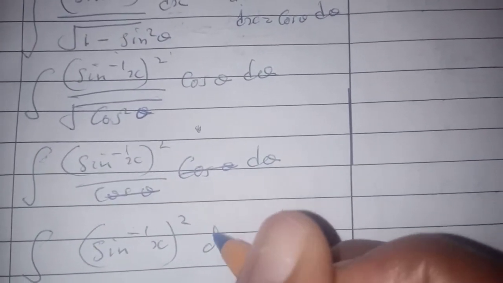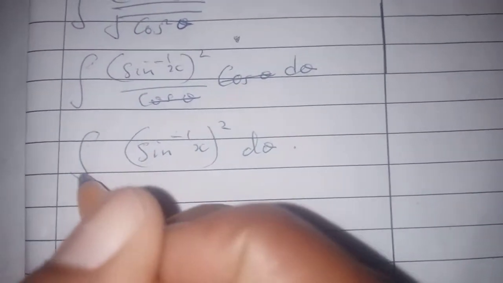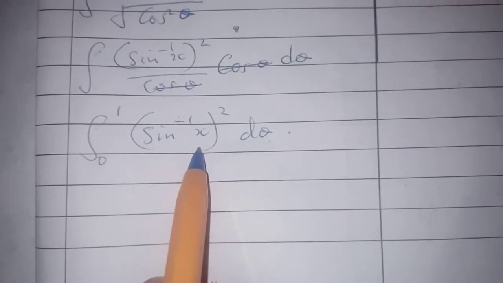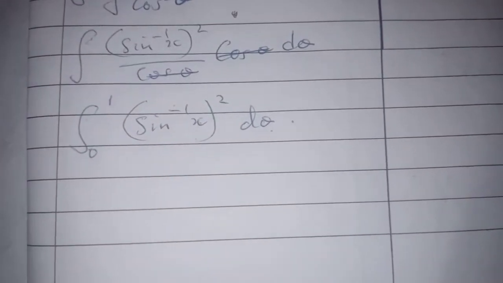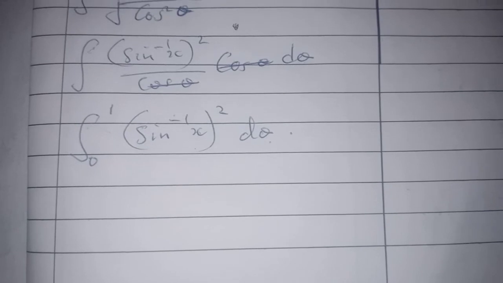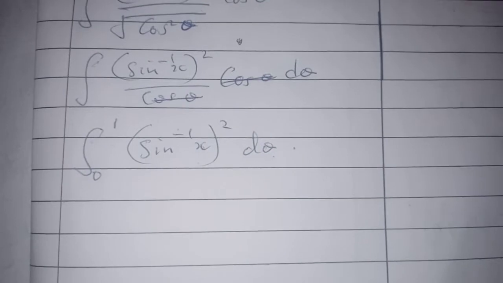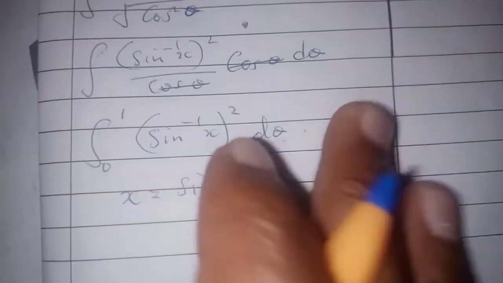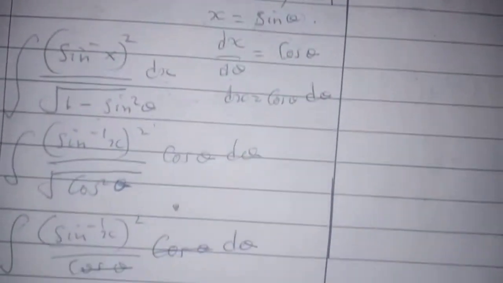But we can see that we have to integrate this function now from 0 to 1 in terms of theta. Now it's not in terms of x. So we have to change this x to theta. How can we do this? Since we substituted x to be sine theta, this is very simple and easy.